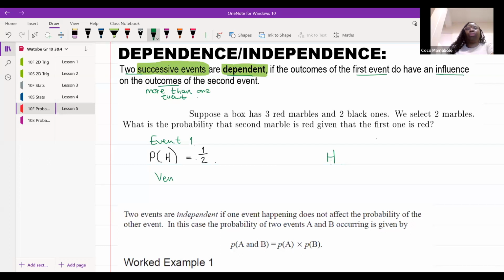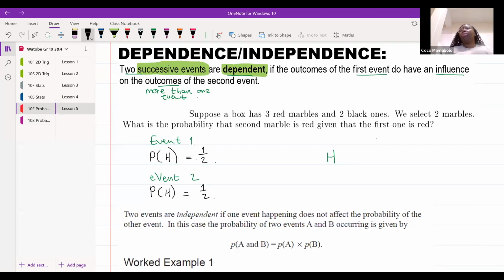Now, event two, I flip my coin again. What is the probability that I'll get heads? Good. It's also a half. Now, my question, easy question, yes or no? Did the probability for event 1 and event 2 change?